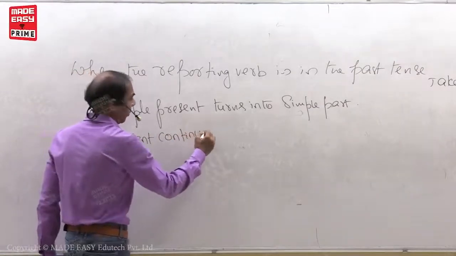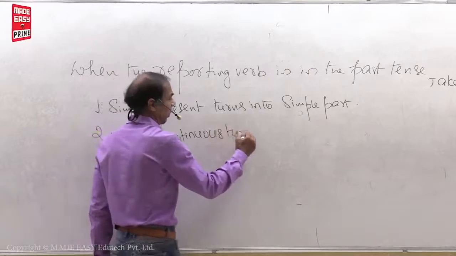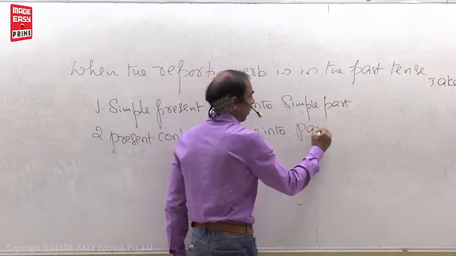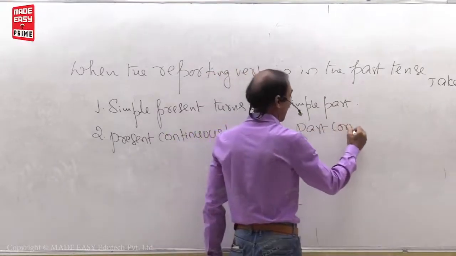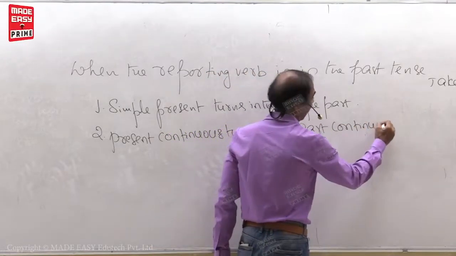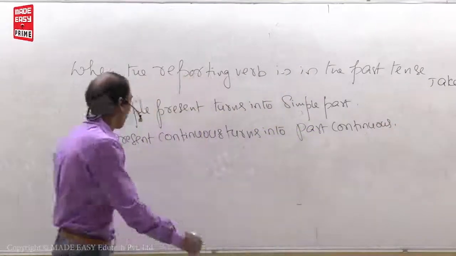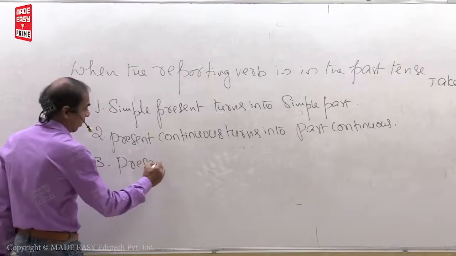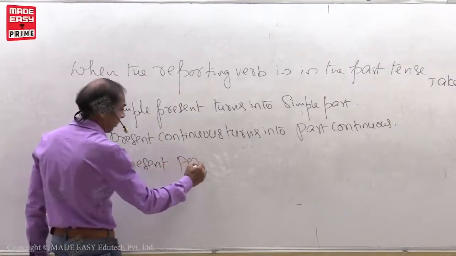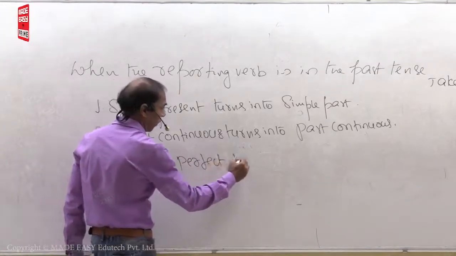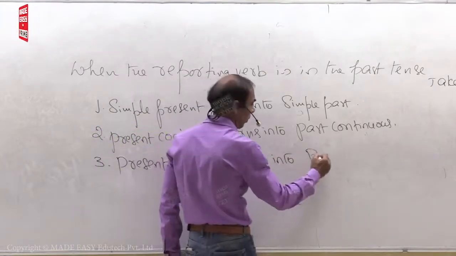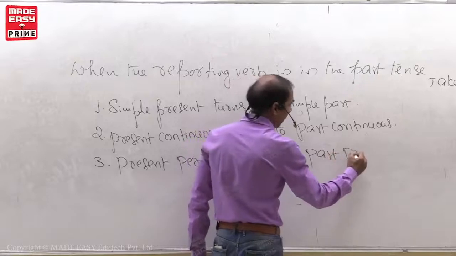Two, present continuous turns into past continuous. Three, present perfect turns into past perfect.